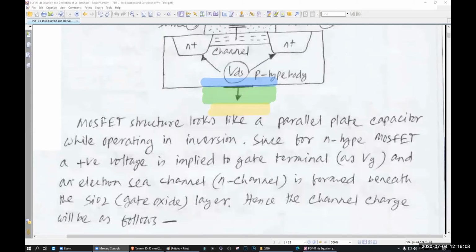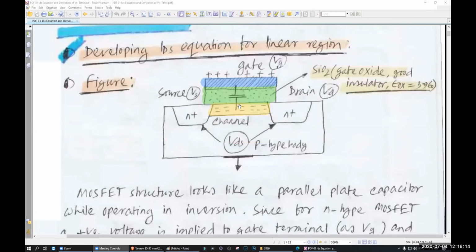They're saying the MOSFET structure looks like a parallel plate capacitor while operating in inversion. That means when you give the voltage, that time it will work like a capacitor. When you do not give any voltage, that time it will not. Remember, when you spend some voltage, that time it will work like a capacitor. Other times, no.